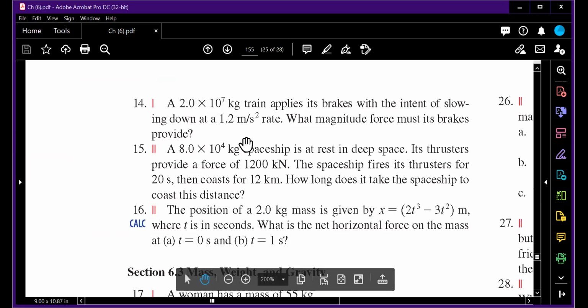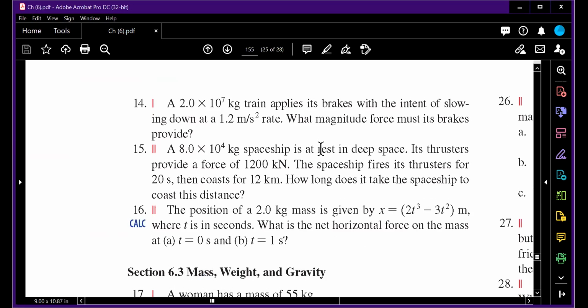So number 15. A spaceship is at rest in deep space. Its thrusters provide a thrust force of 1200 newtons. The spaceship fires its thrusters for 20 seconds, then coasts for 12 kilometers.